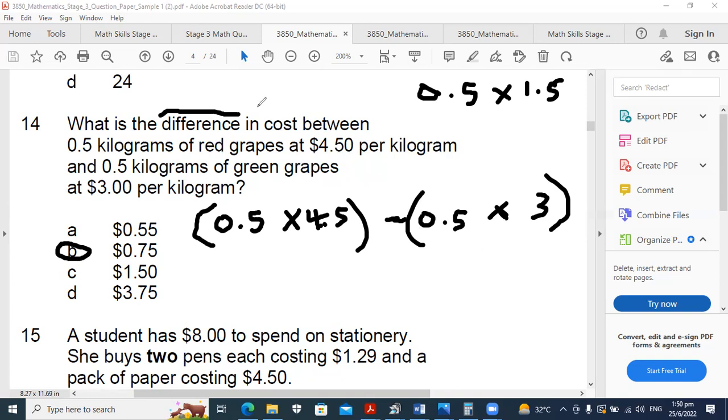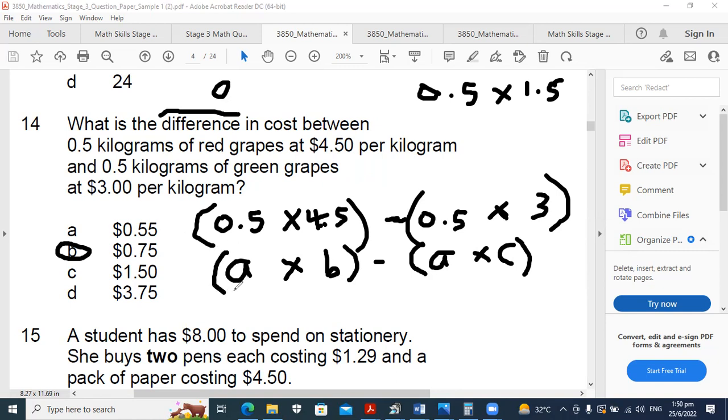In algebra, you have A times B, and I have A times C. So if you notice, this is 0.5 and this is also 0.5.